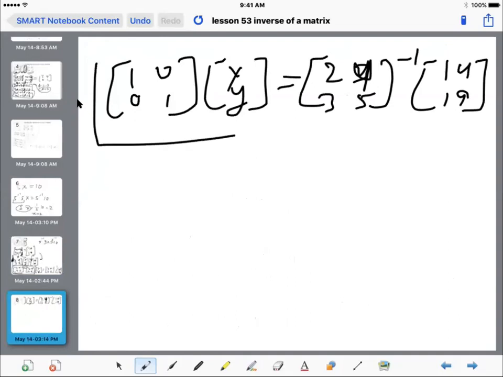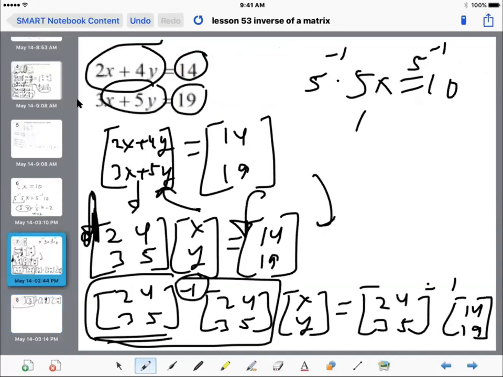And what can you say about this left-hand side? [1 0; 0 1] times this [x; y], this 2 by 1 matrix. It's kind of like 1x equals 5 inverse times 10.